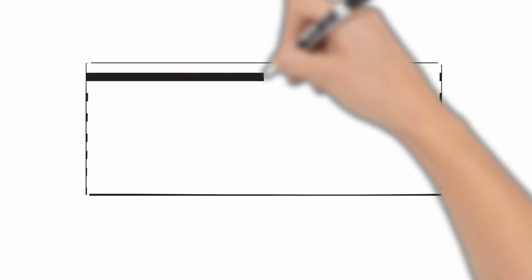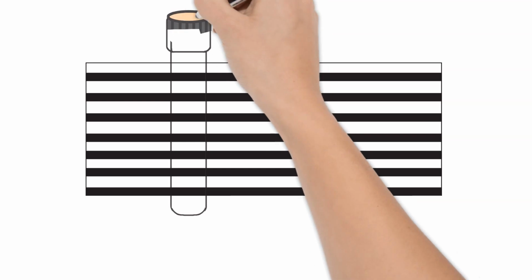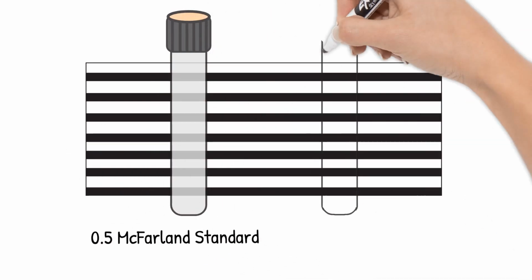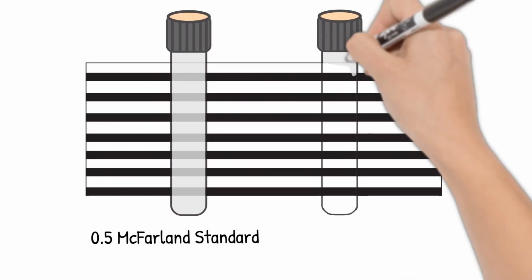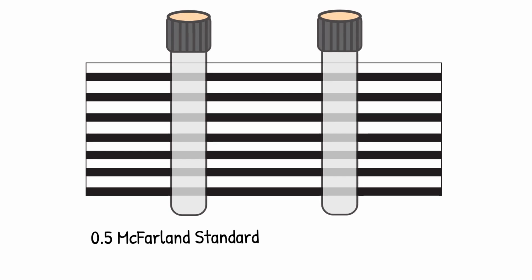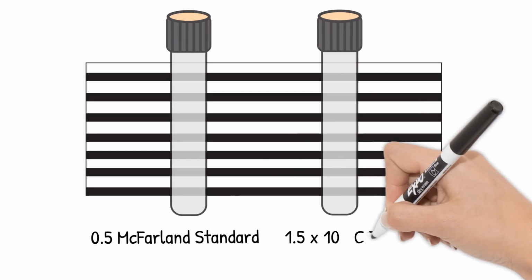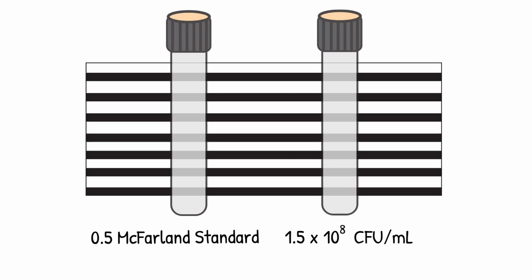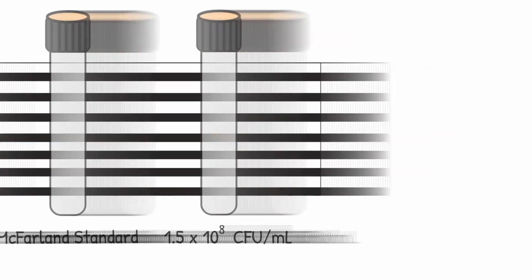To standardize the inoculum, the bacteria suspension is vortexed and the turbidity is compared directly with the 0.5 McFarland standard under adequate lighting. The tubes are positioned side by side with the 0.5 McFarland standard against a white card containing several horizontal black lines. The turbidities are compared by looking at the black lines through the suspensions.